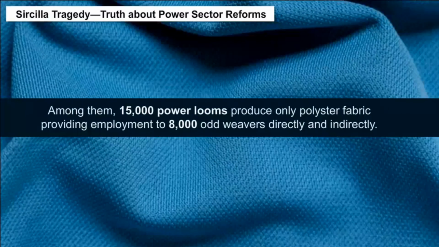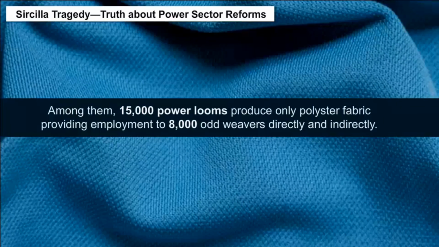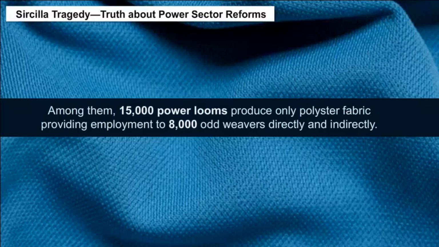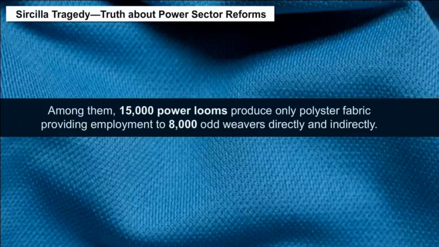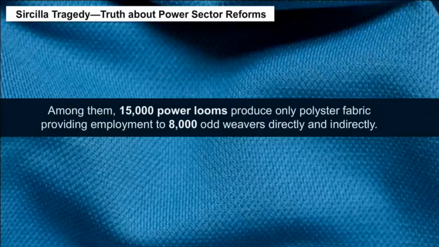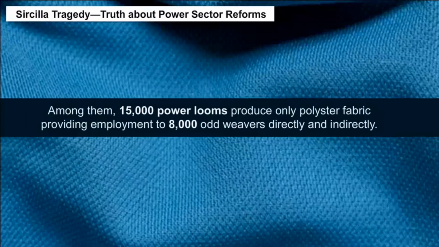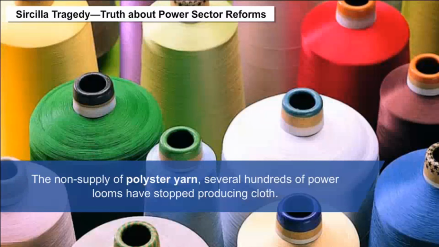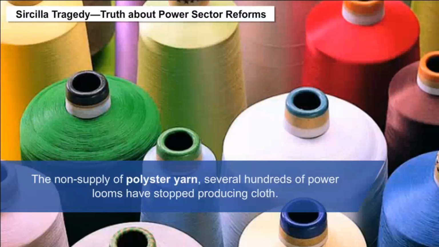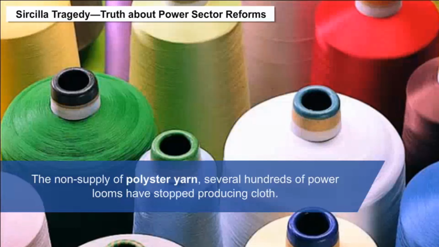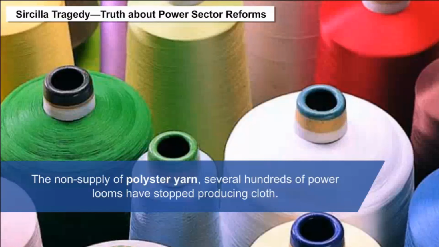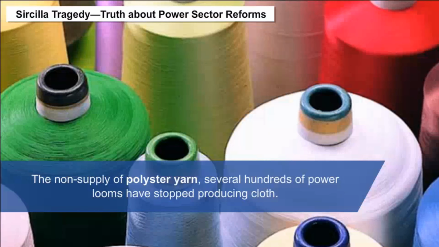Among them, 15,000 powerlooms produce only polyester fabric, providing employment to 8,000 odd weavers directly and indirectly. However, following the non-supply of polyester yarn, several hundreds of powerlooms have stopped producing cloth and others are also on their way to closure.